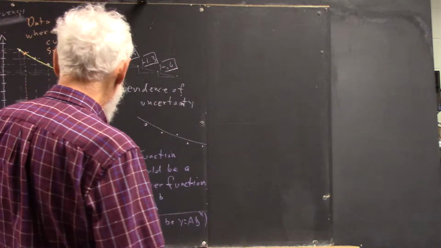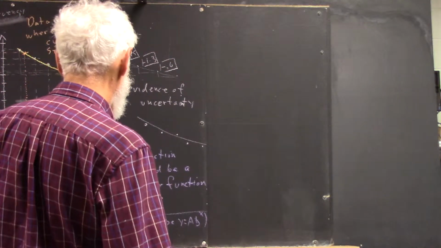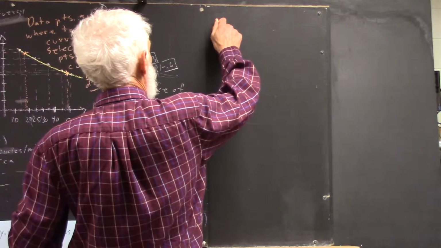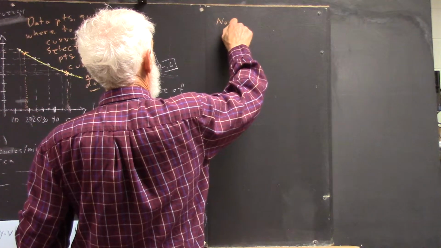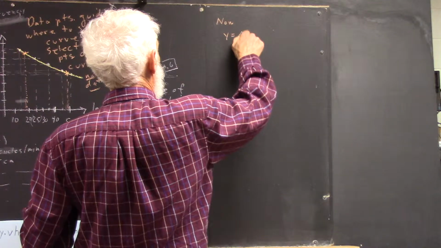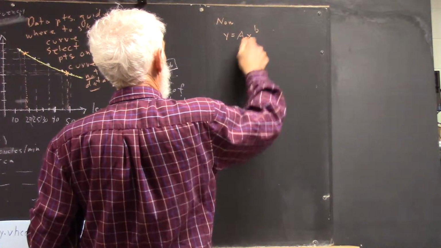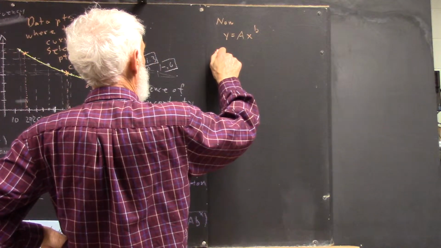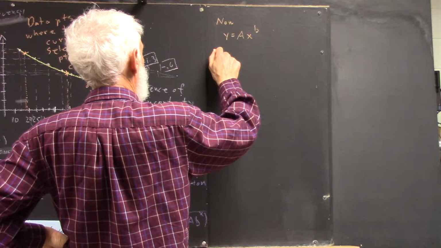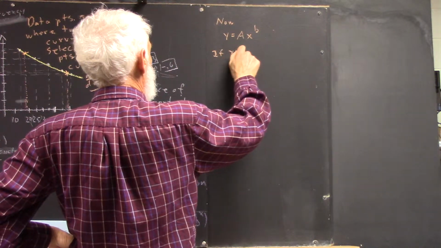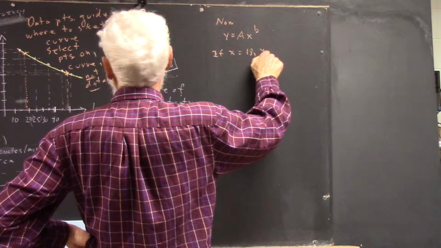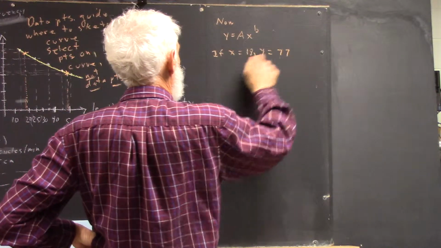Okay, so we have this: if x is 18, y is 77.